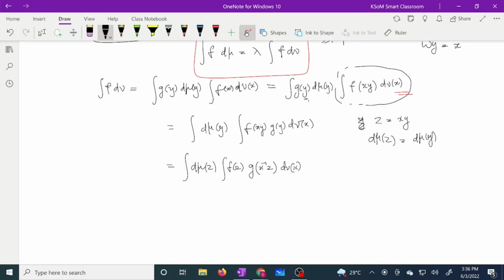There is no change there. Now I can take this here, integral f of z d mu of z. Here I am not using Fubini's theorem, sorry.